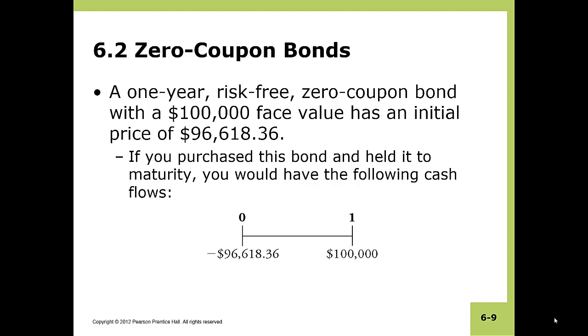When you put this in your calculator, the 100,000 will be the future value. The $96,618.36 is the present value. Your N is 1. Your payments per year is 1 because this is only a 1-year zero coupon bond. From that, you can solve for your interest rate.